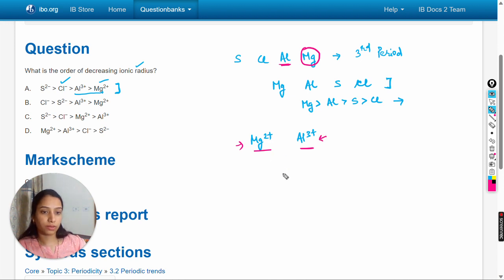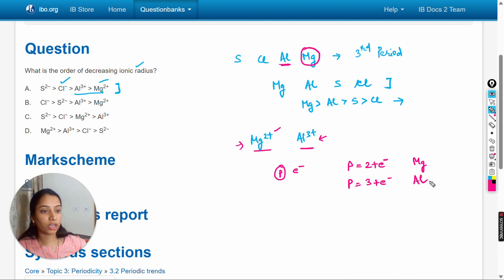So here what happens? The number of protons in the nucleus remains same and the 2 electrons are removed. So number of electrons become less. So number of protons are more than the number of electrons by 2 in case of magnesium, and in case of aluminium number of protons are 3 more than number of electrons.